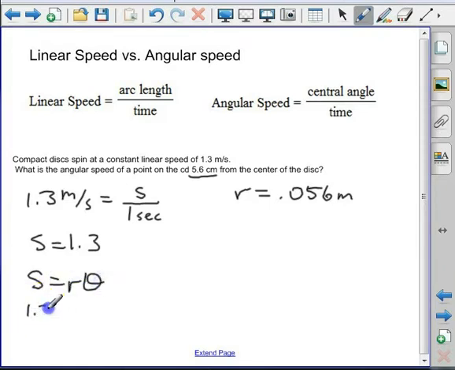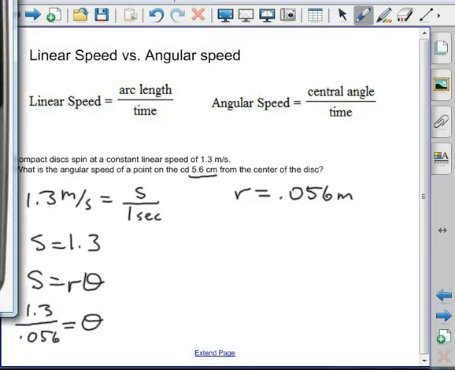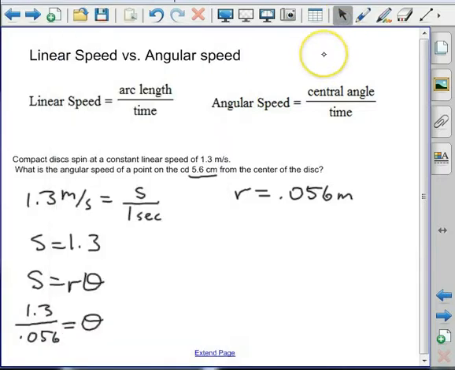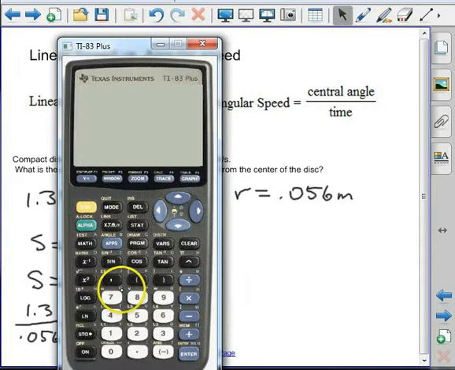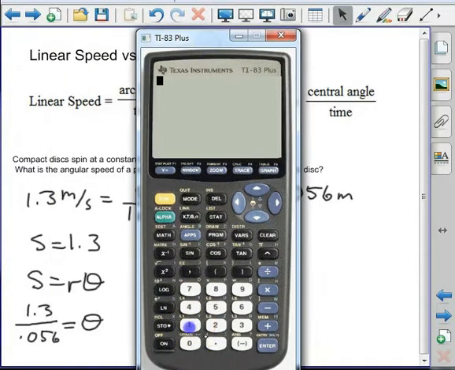That means 1.3 divided by 0.056 will equal our theta. And let me get my calculator back. There we go. So 1.3 divided by 0.056 gives us 23.21, and that'll be radians per second.